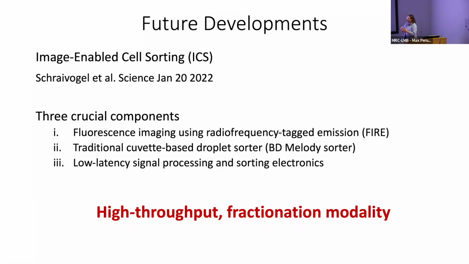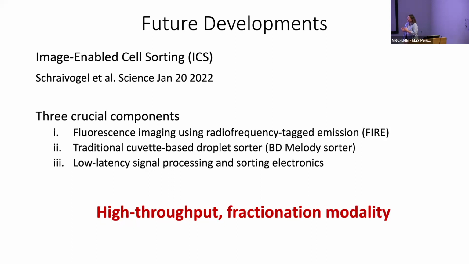In 2022, this brilliant paper was released where they essentially created a machine for image-enabled cell sorting at very high speeds. When I say high speeds, here it's about 10 to 15,000 events per second, which is quite amazing.